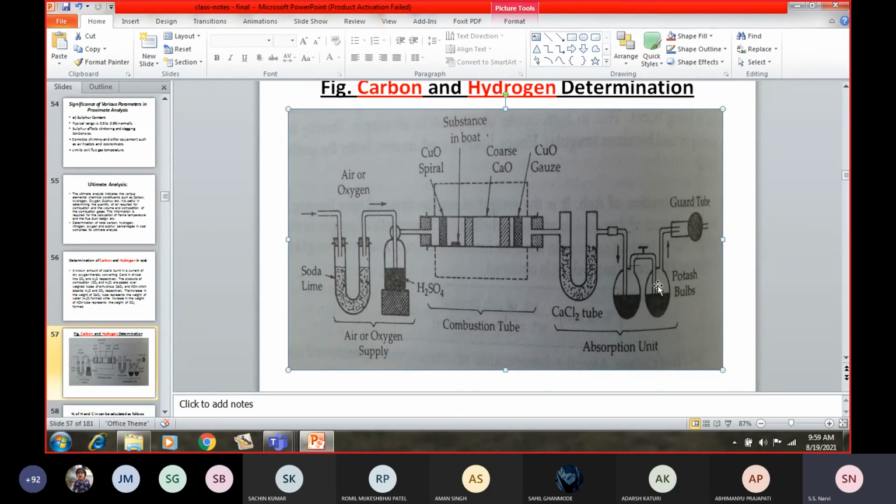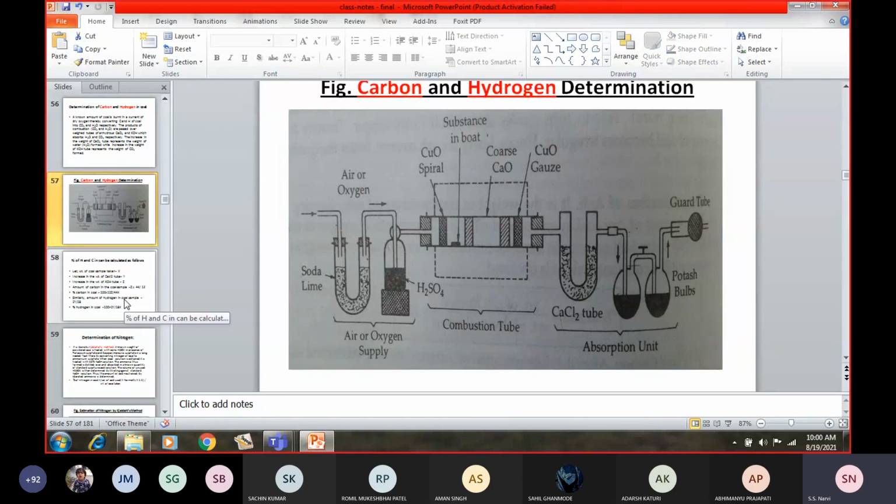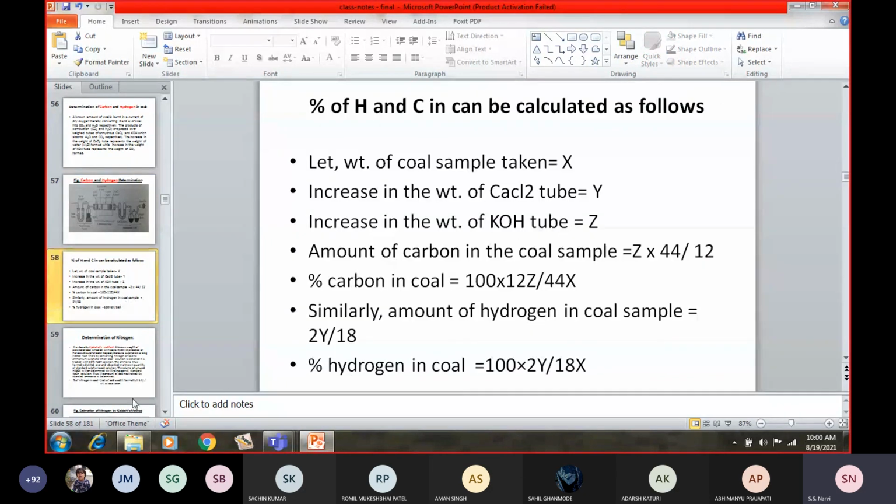Carbon dioxide will react with potassium hydroxide and form potassium carbonate, and therefore the increase in the weight of this will give you the amount of carbon dioxide produced as a result of the combustion process. Then the extra oxygen and oxides of nitrogen and sulfur will pass out from this tube. So in this way you will be able to know the carbon and hydrogen. The slide is given here.